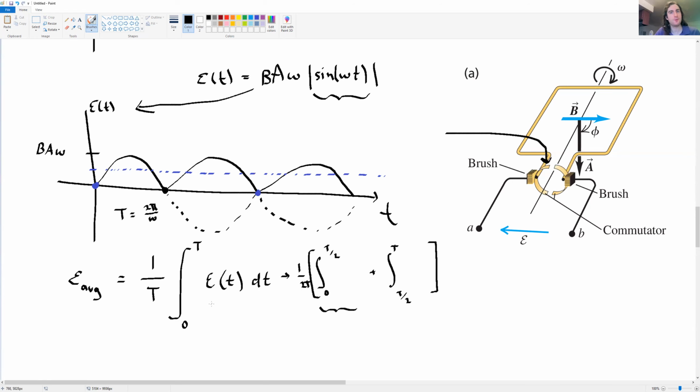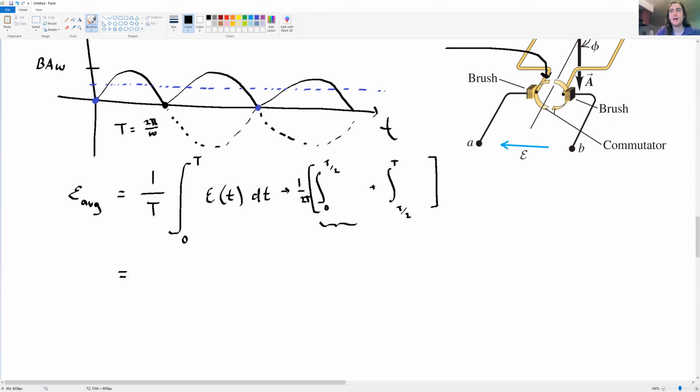But this in principle is what you would do to time average a function. Sine has a period of 2π over ω, but for the absolute value of sine, you can clearly see the period is half of that. The period is technically π over ω because it repeats every π over ω. But that's the general principle there.